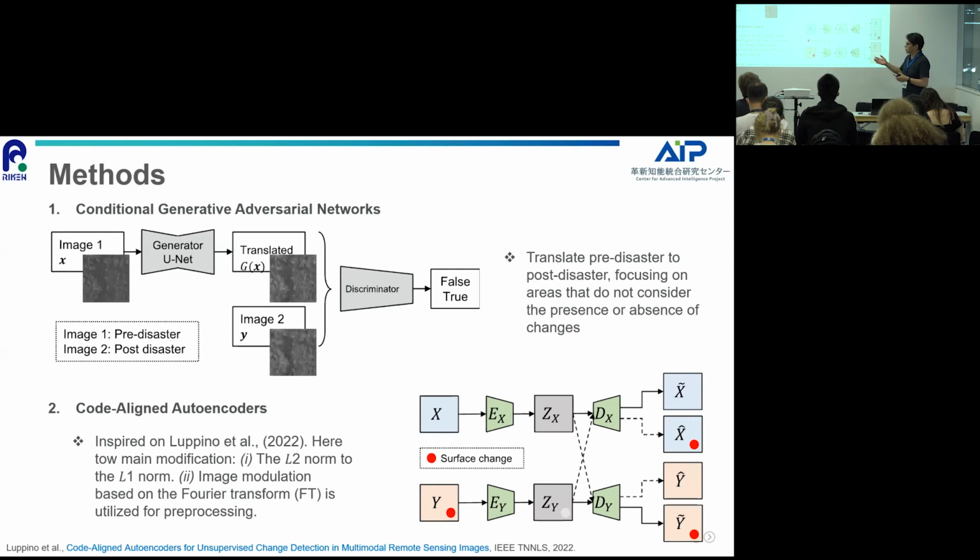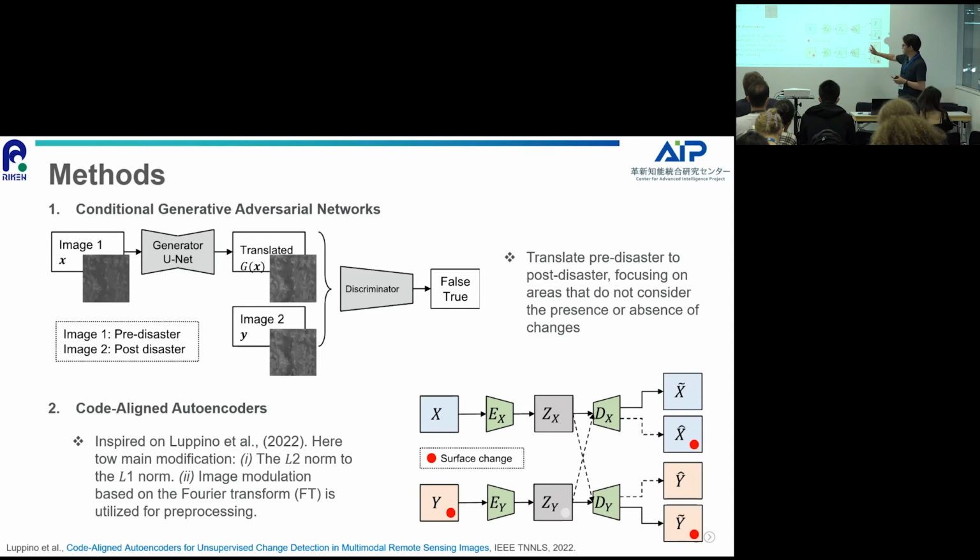The second one, code alignment autoencoders, is a little bit more elaborate, but it's based on the paper below. Here we train two architectures, two encoders, and both try to reproduce the post-event from the pre-event, but in one case there are changes and in one there are no changes.